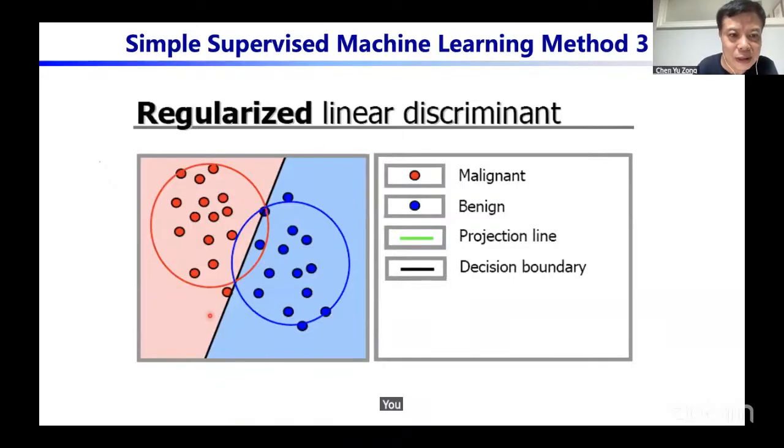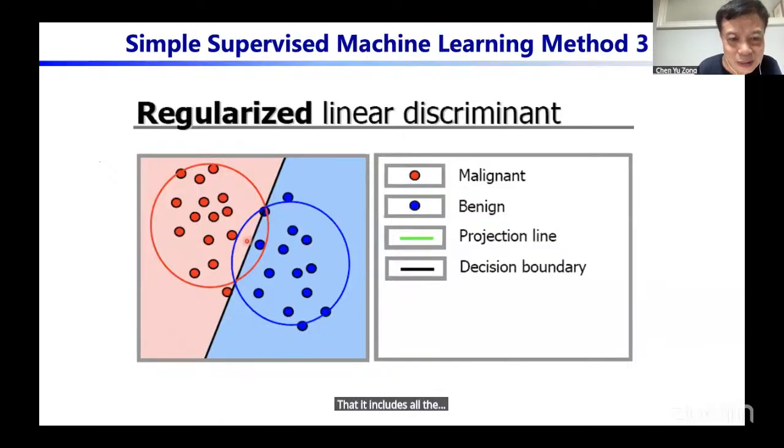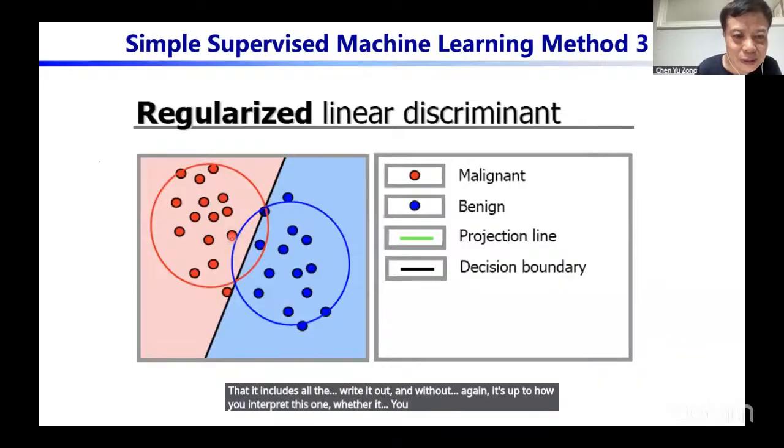You have a red circle here that includes almost all red dots, with the exception of perhaps two blue dots. And we have a blue circle that includes essentially all the blue dots. It's up to how you interpret this one. If you think it also passes through this one, then it includes all the red dots. Again, it's up to how you interpret it, whether you count it as included or not.